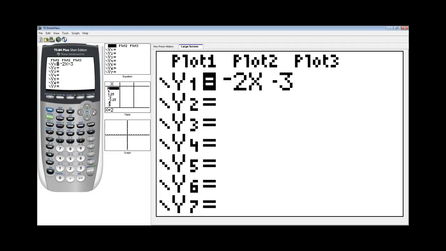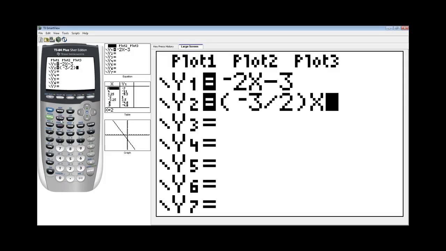And then we'll just cursor down to the next one. So that's negative, and I'm going to put my 3 over 2 in parentheses, negative 3 over 2, close parentheses, x minus 2. Okay, so we're going to graph this system.